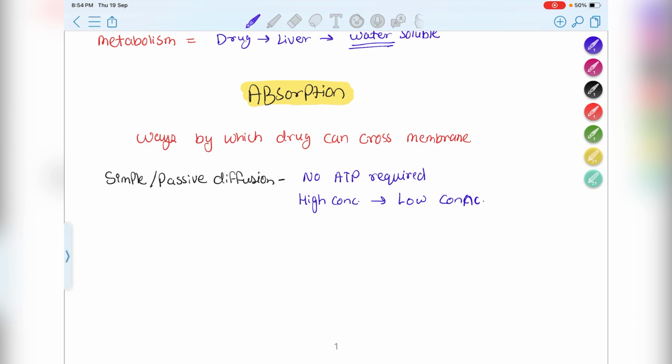Okay, and most of the drugs cross by simple or passive diffusion.